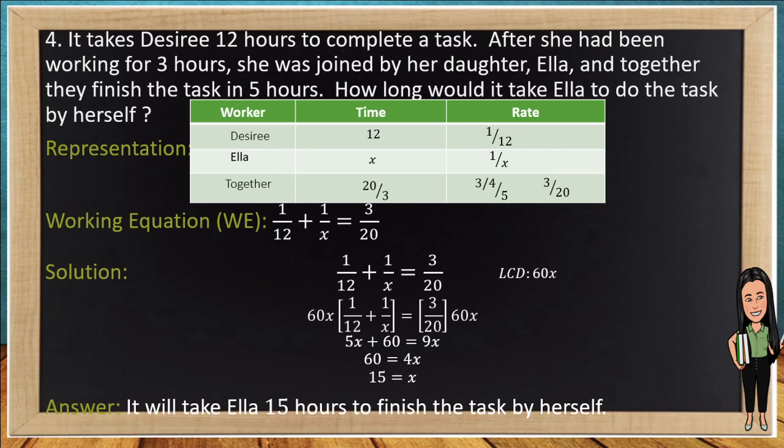And then, kapag in-add nyo yung product ng rate and hours of work done, equal yon sa one whole job. So, yun yung isa nating pwedeng method. Yung isa naman is the sum of the rates of each individual doing a job alone is equal to the rate of doing the work together. Okay, so yun yung pwede nating gamitin na working equation in solving work-related problems.